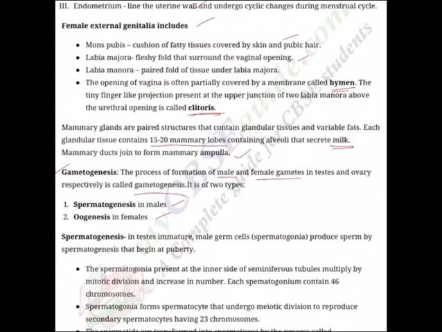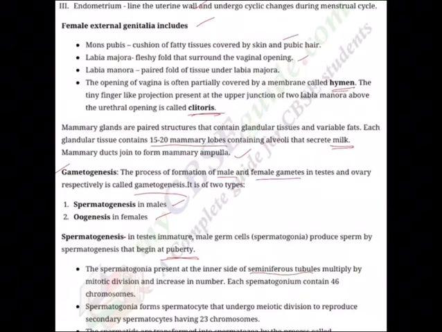In spermatogenesis, once the testes become mature, the spermatogonia produce sperm by spermatogenesis, and it begins at puberty, the age at which sperm start forming. The spermatogonia present on the inner side of the seminiferous tubules multiply by mitotic division and increase in number.